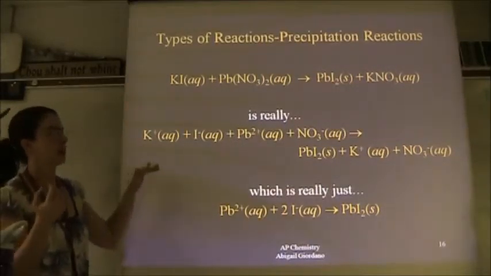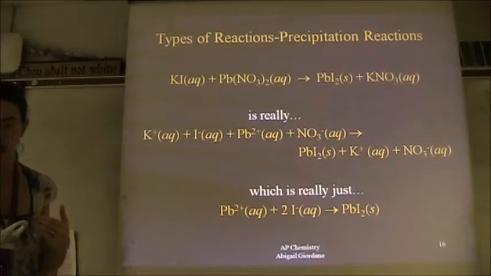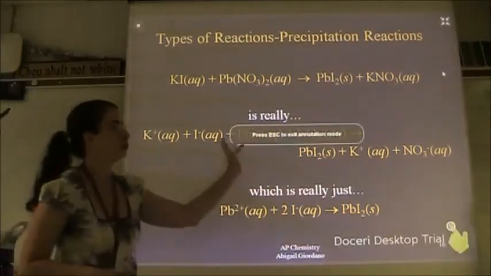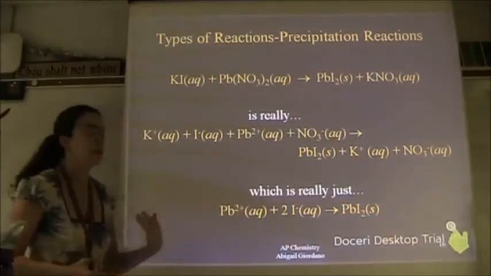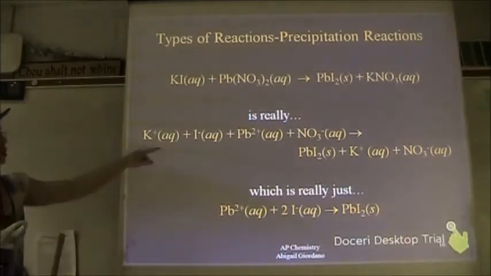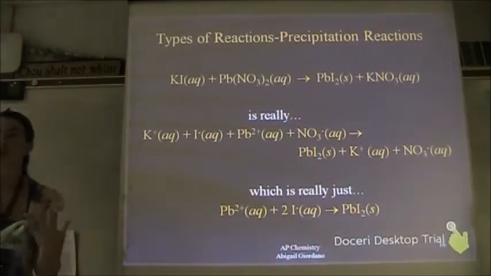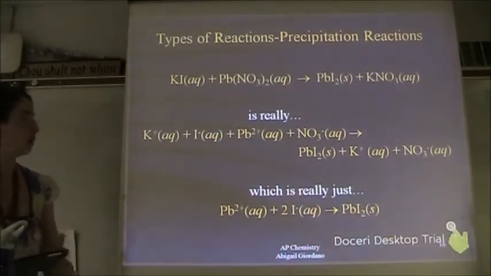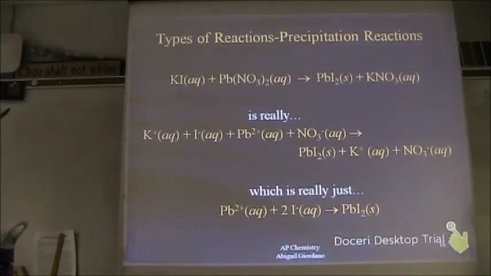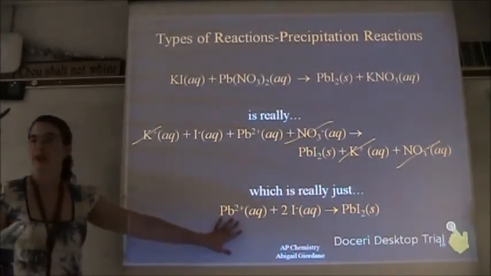If you have something that is identical on either side of the arrow, you may cancel it out. So look at this equation. Do you see anything I can get rid of? Okay, potassium, gone. Nitrate. Can I get rid of anything else? Nope. And this is what I have left.